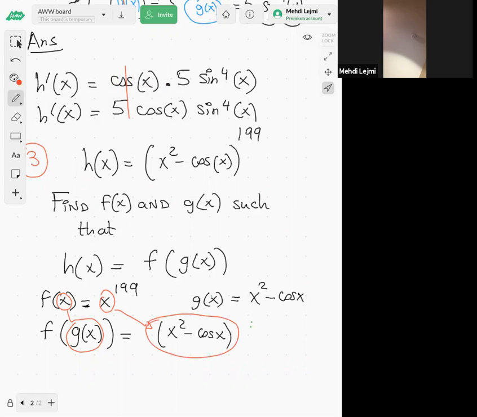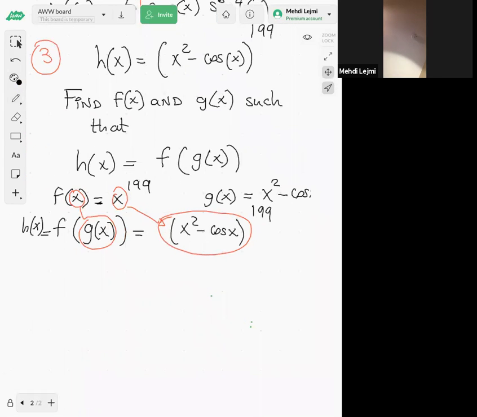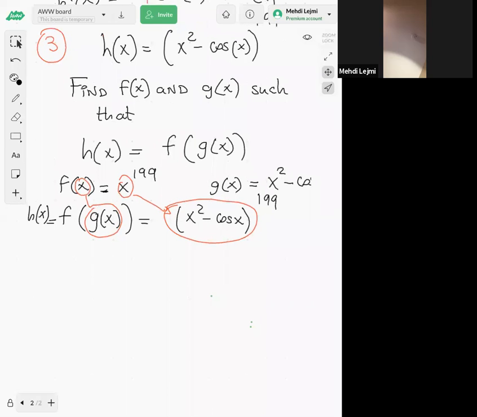So I substitute x by g of x, and then there's this power 199. So f of g of x would be exactly my h of x. So once you find your f and g, then we can apply the chain rule.